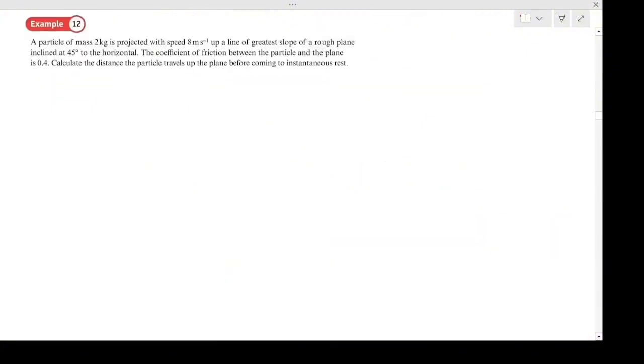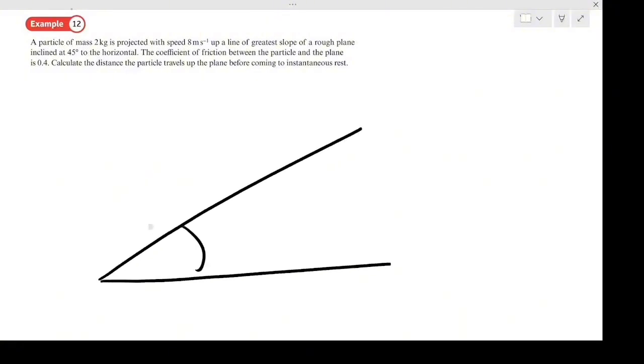So we're told a particle of mass 2 kilograms is projected with speed 8 up the slope of a rough plane, inclined at 45 degrees. So again, we've got the situation. We've got 45 degrees. Again, we've got this parcel, 2 kilograms. Now it's going up the slope this time.